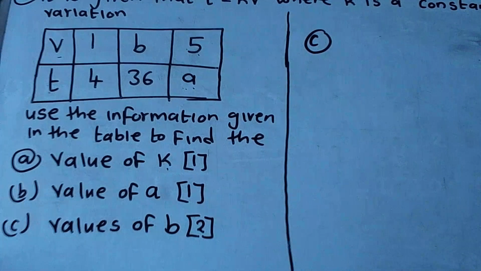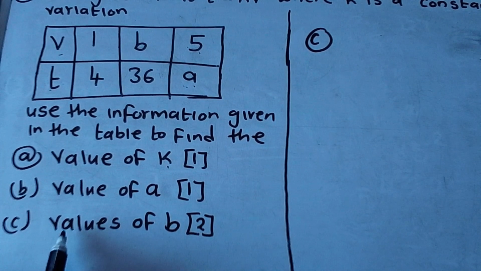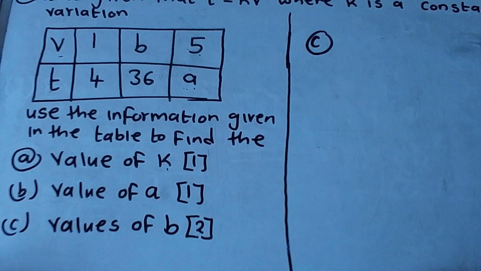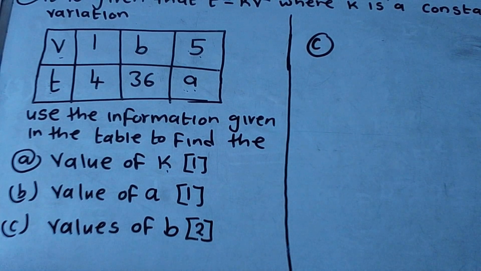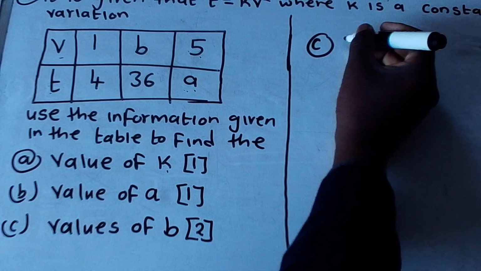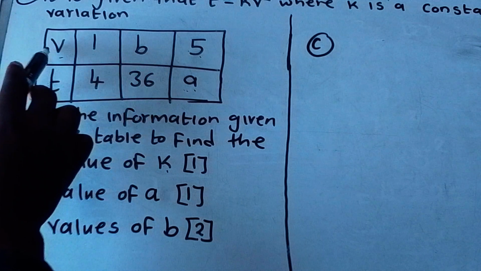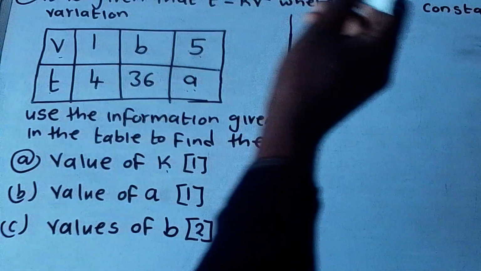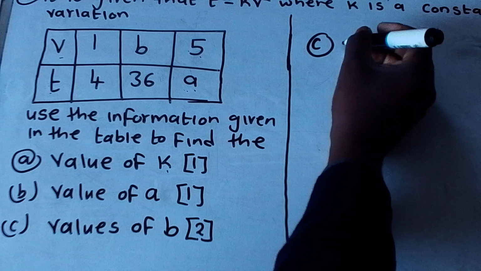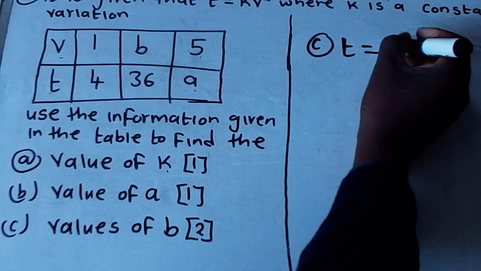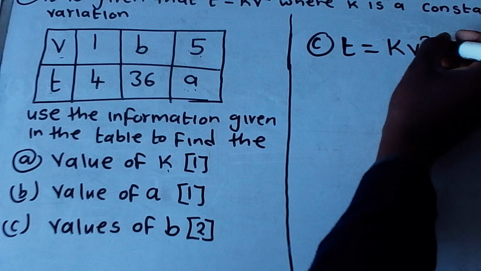We are now answering question C. Find the value of B. So we will get the data. Since they said value of B, have you seen B? It's V. So here we'll copy the same formula, which is T is equal to KV squared.